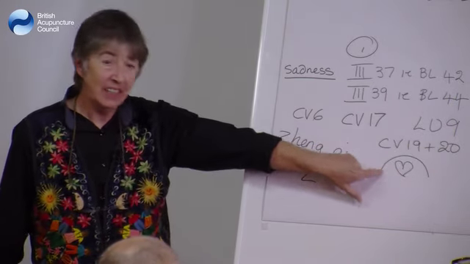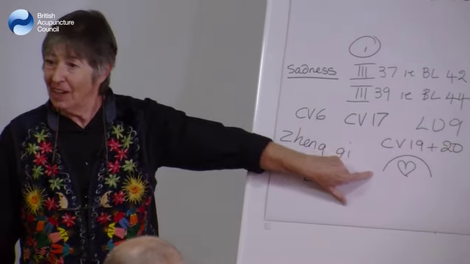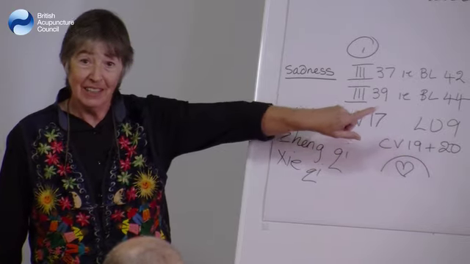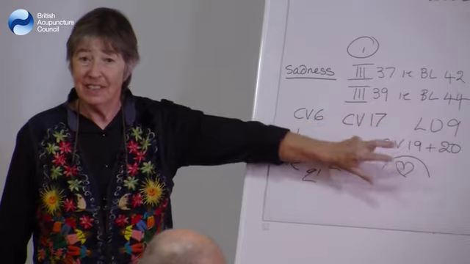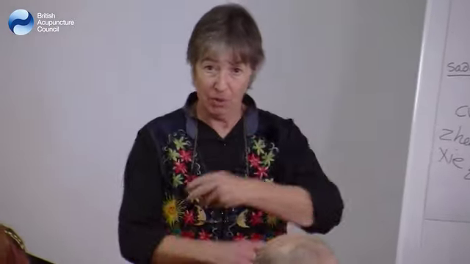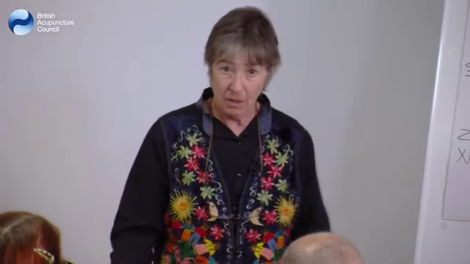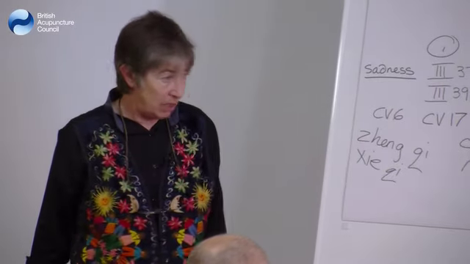So Ren 19 treats the heart underneath the canopy of the lung, and Ren 20 treats the canopy of the lung over the heart. So 19 and 20 together treats that dual relationship of lung-heart. So this is something you can incorporate into this treatment.